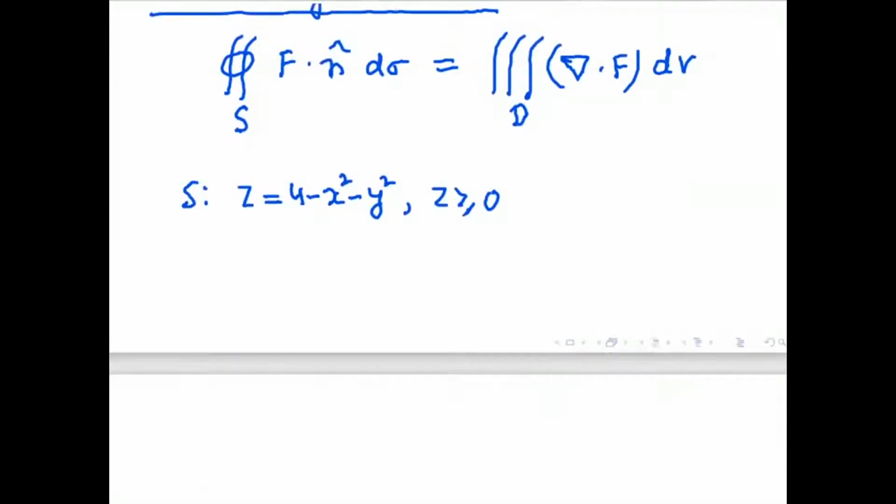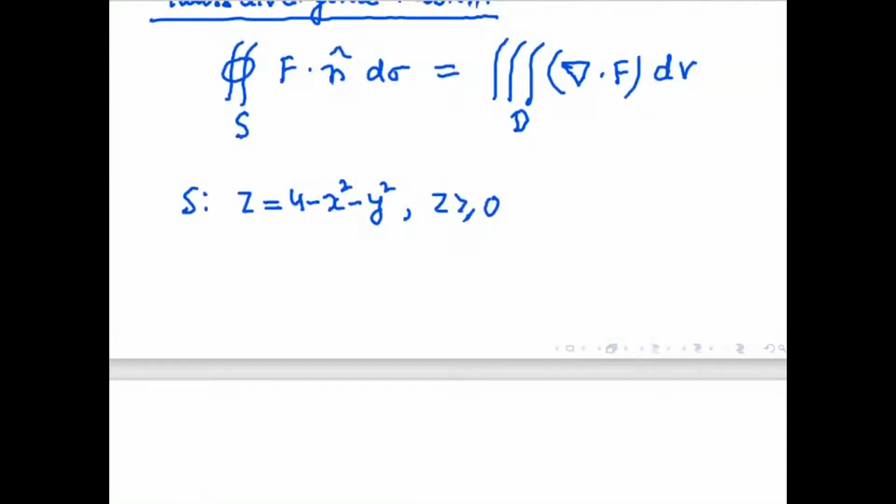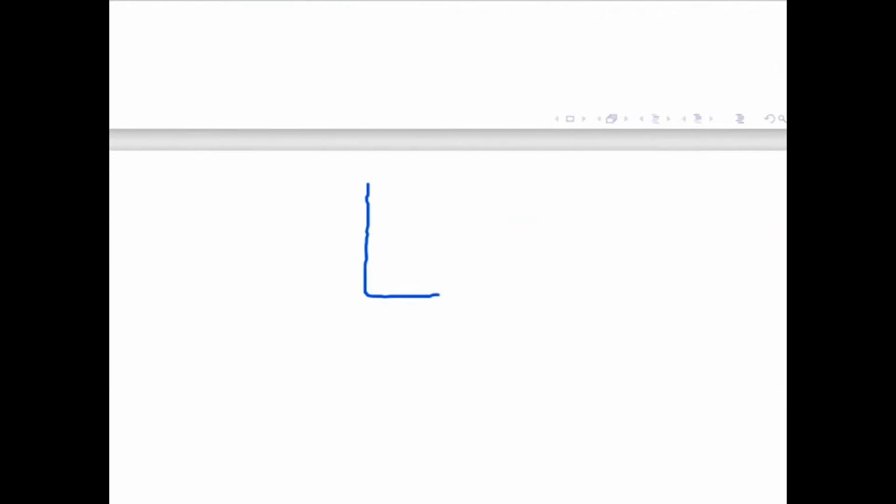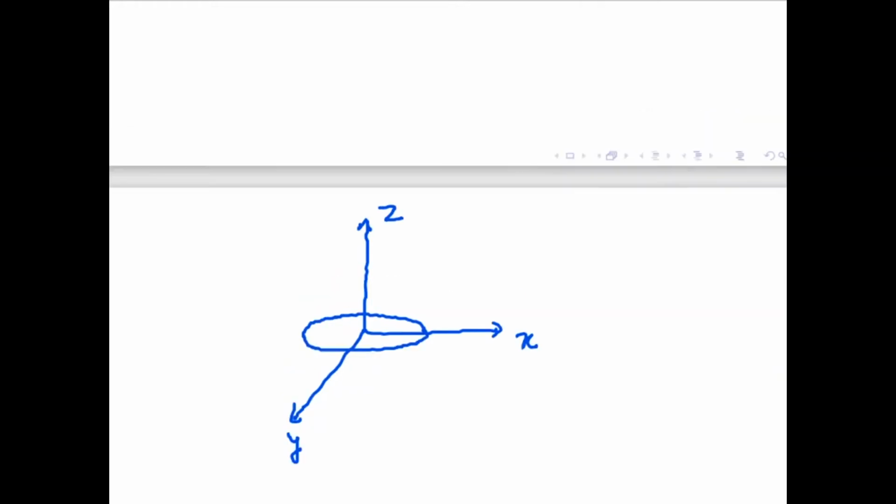So let me draw the picture of this surface. When z equal to 0, this will give 4 minus x square minus y square equal to 0. That means it will give the circle with center at 0 comma 0 and radius 2. So I will put here this picture. If this is the x-axis, this is the y-axis, and this one is the z-axis. At z equal to 0 we have this circle in the xy plane.